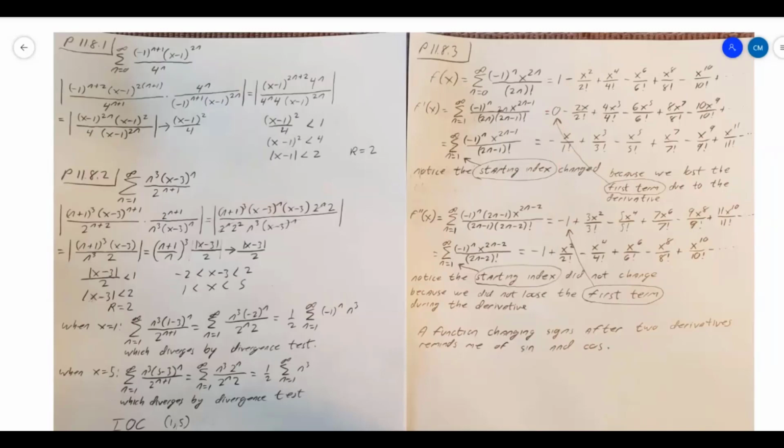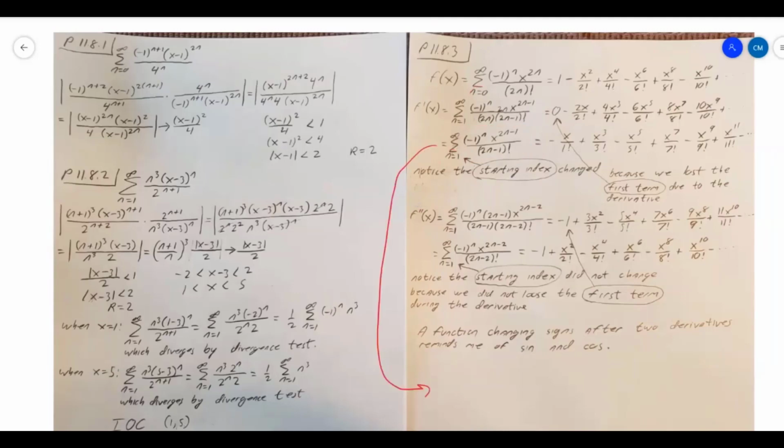Okay, now one other thing, this is great. I don't really have to go through this in any more detail, except for one thing I would note here, which is that typically we like to stick with the same starting index as the original function. So if, when you take a derivative, you do have to raise that index by 1, you can actually fix that and make it go back. In fact, I'll show you how that works.